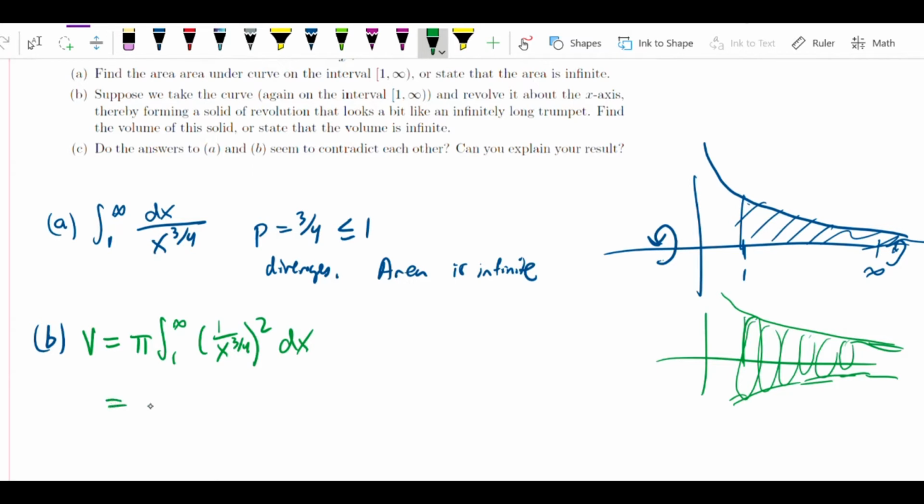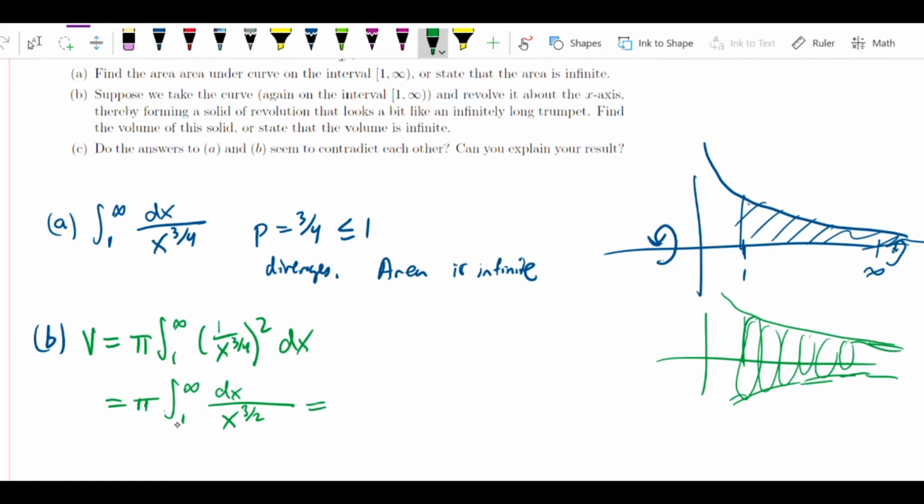That's going to equal pi times the integral from 1 to infinity of dx over x to the 3/2. So it's starting to look like that integral is actually going to be finite, because we have a p integral with p equal to 3/2.